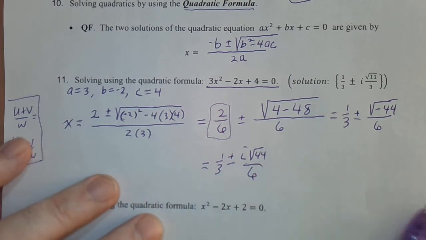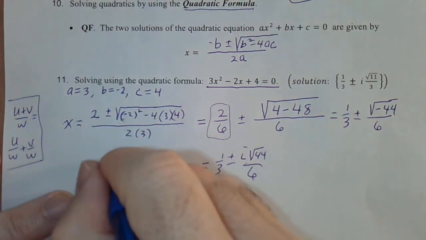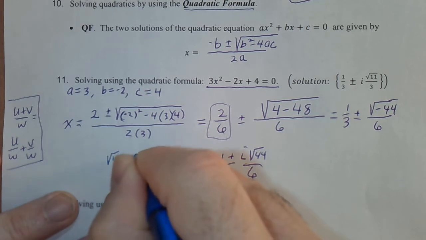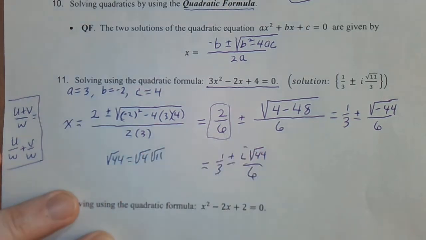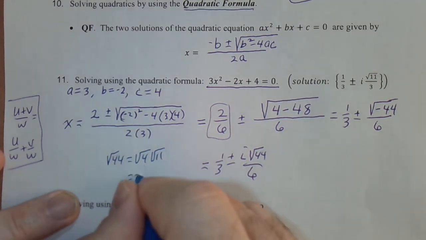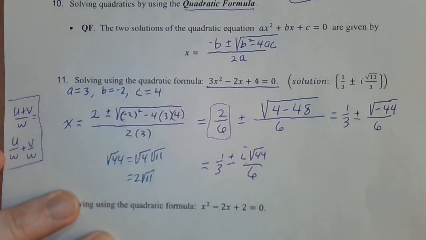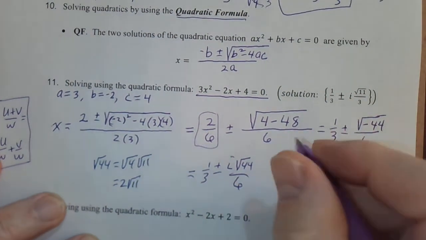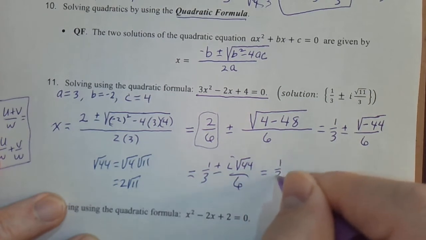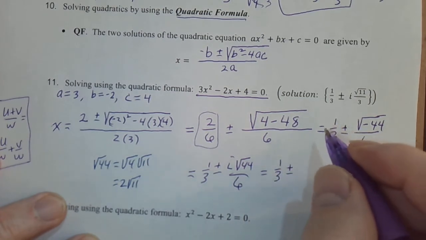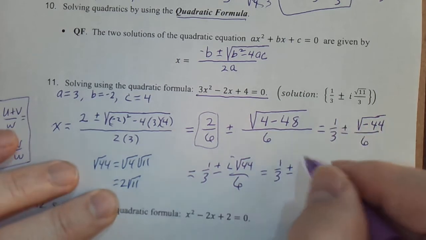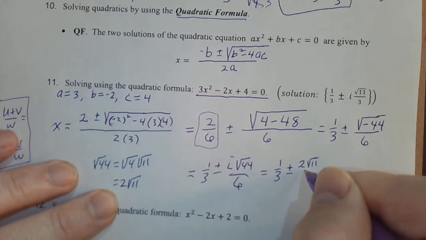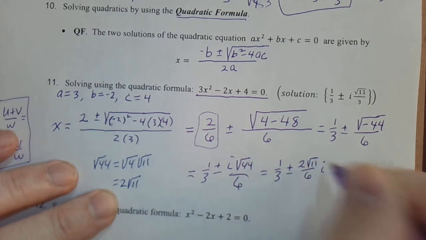Radical 44, let me do some scratch work over here. Radical 44 is equal to radical 4 times radical 11. I broke it up that way because I know radical 4 is a perfect square, and that's equal to 2 radical 11. So I'm going to get 1/3 plus or minus 2 radical 11 over 6 times i.